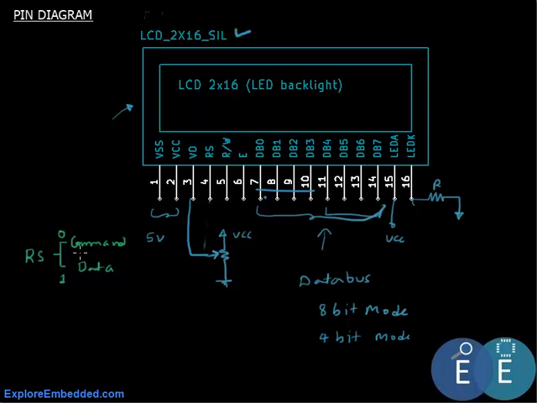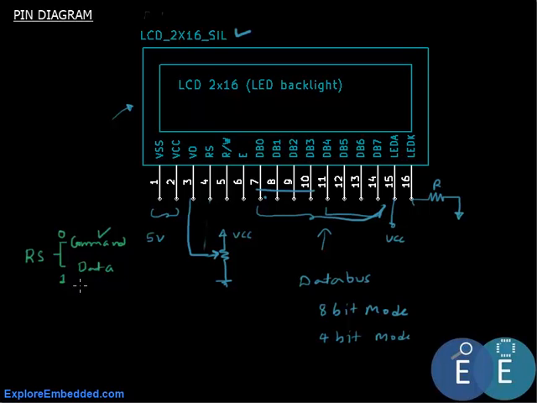The basic commands for the LCD from the microcontroller could be to clear the entire display, or to take the cursor to the home position, or to set the display type as a 2-line display or a 1-line display, or it could be setting the mode, 8-bit mode or 4-bit mode.